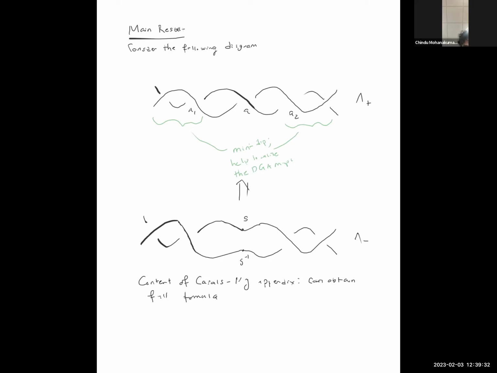The full formula is a little bit more complicated, but I'm about to tell you what the mini dip formula is. So you can really just think of these mini dips as a convenient thing for me to get that formula, and then you can derive the full thing later on. Okay, so, theorem.